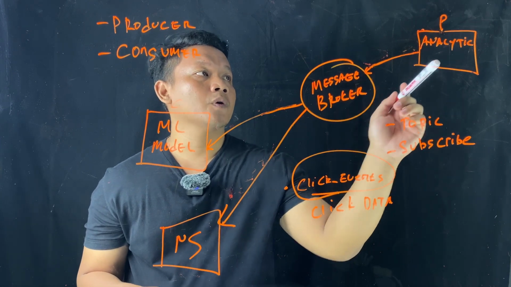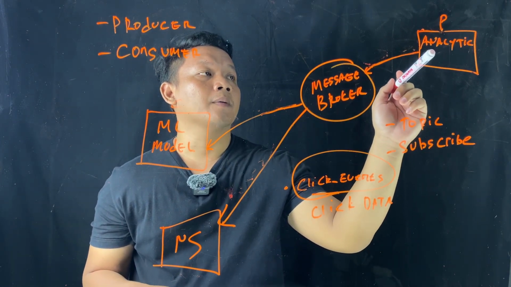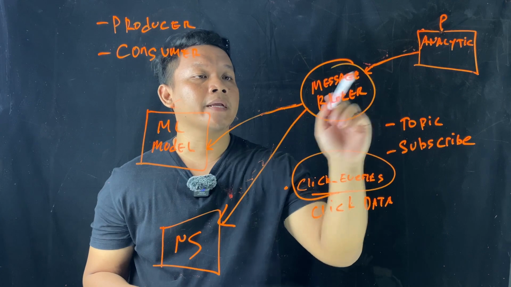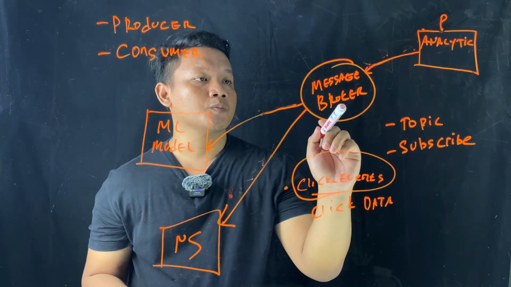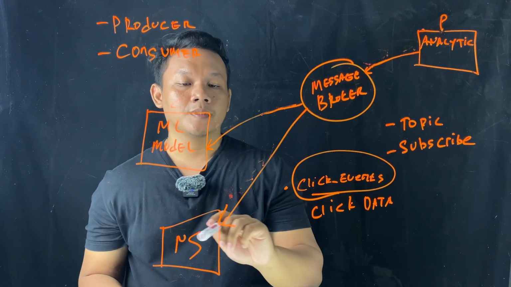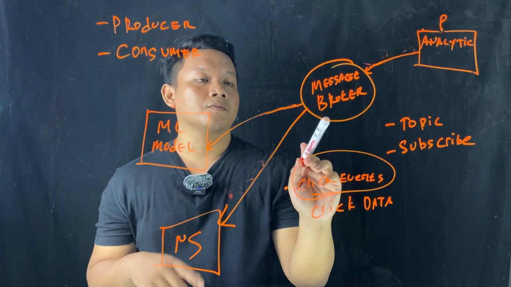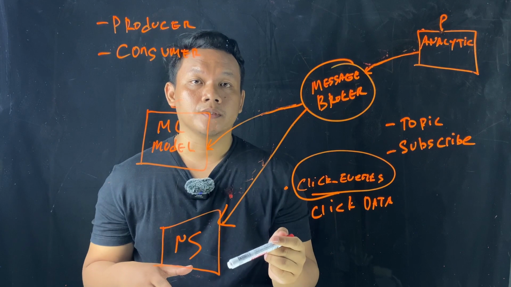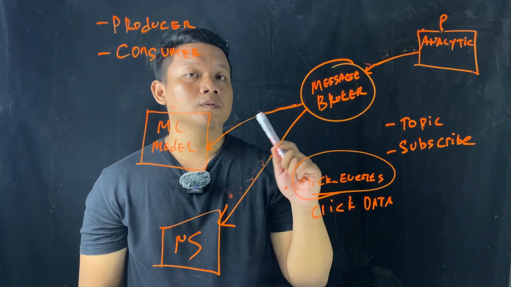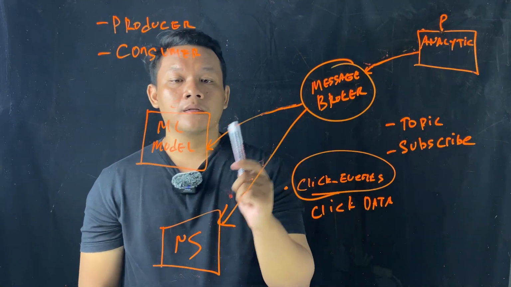You don't have to go to your producer code and update it to send the same data to the new service. With a message broker, when a new service subscribes to a specific topic, it will automatically receive the data out of the box.